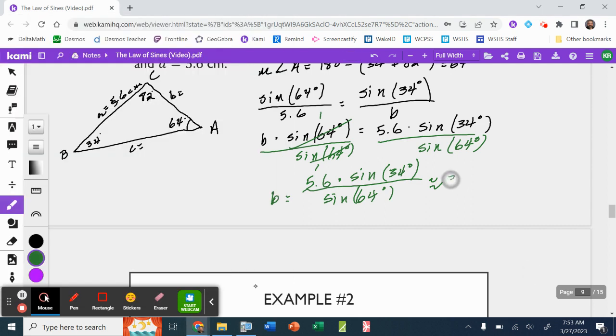So we're going to say that side B is approximately 3.484 centimeters in length. So I've got that side B is approximately 3.484 centimeters.